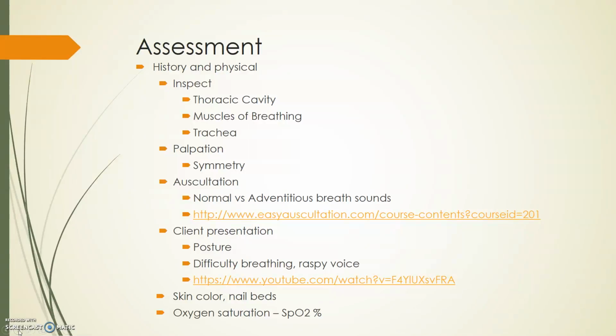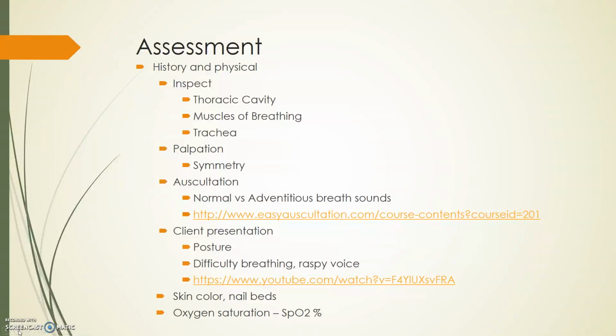Palpation, we're going to palpate the posterior and anterior chest, making sure that there are no abnormalities, no crepitus, no tenderness, no lesions.